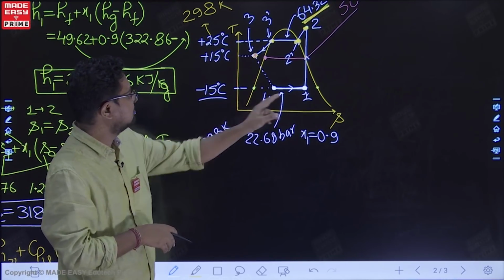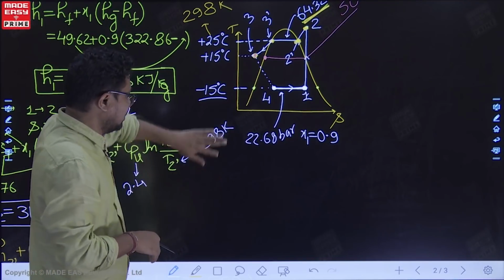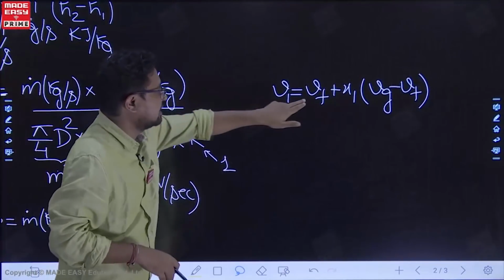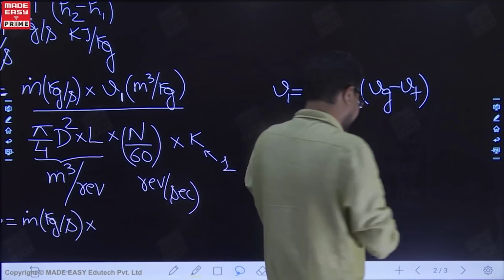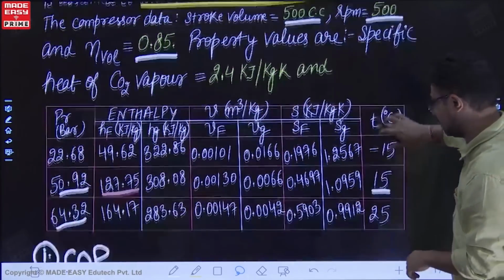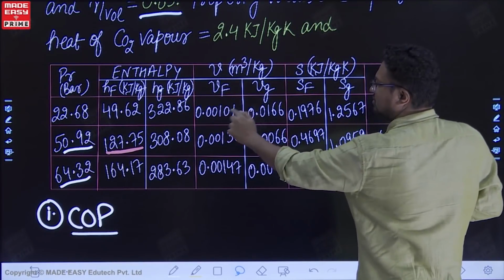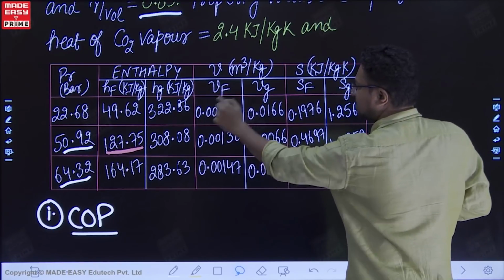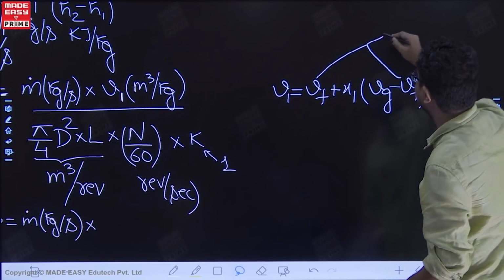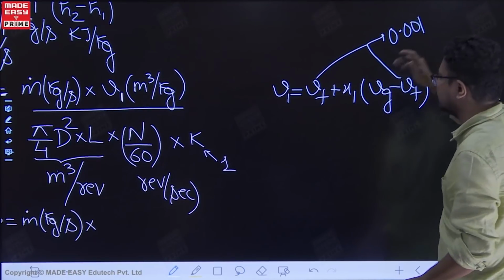Corresponding to minus 15, we can see this data Vf: 0.00101. I'll take 0.001 only, since this is a very small value. The 01 is also there, but it is negligible.